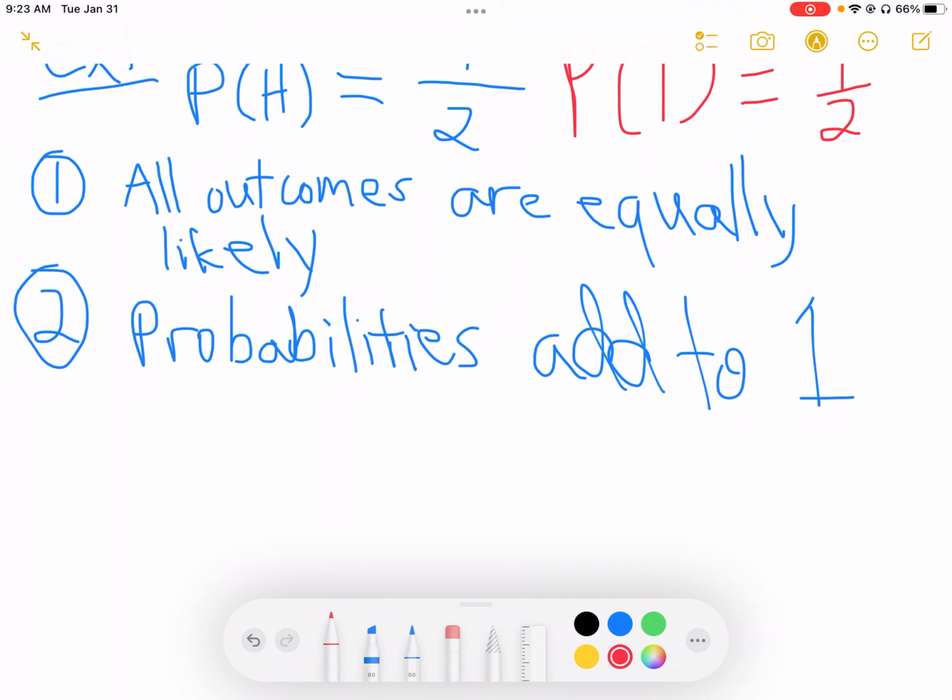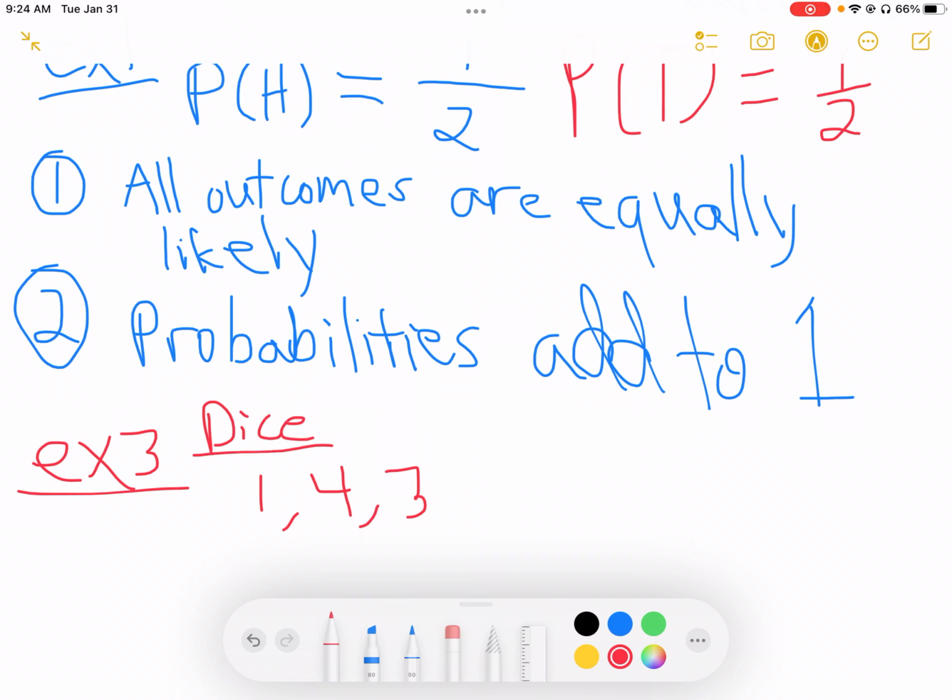Example 3 says that I have a single dice, and it says that a single dice is rolled 3 times, and the results are 1, 4, and 3.